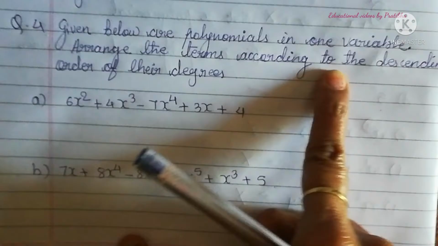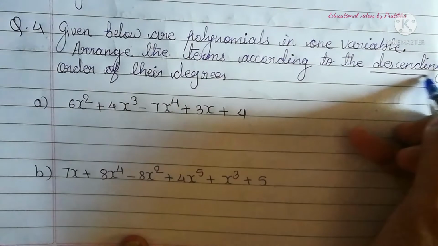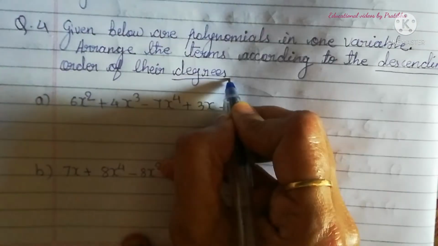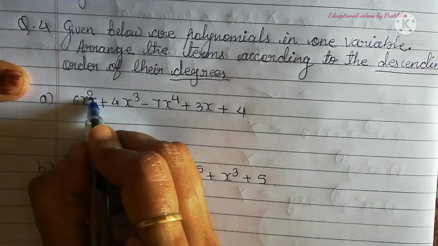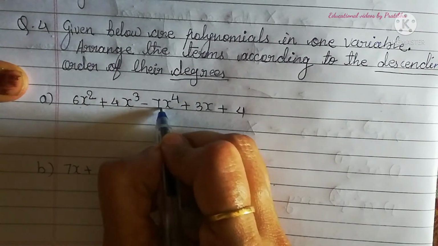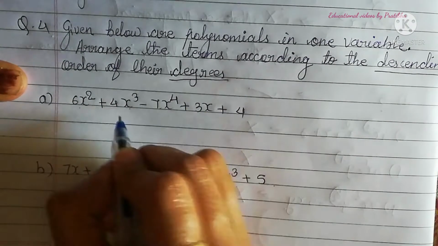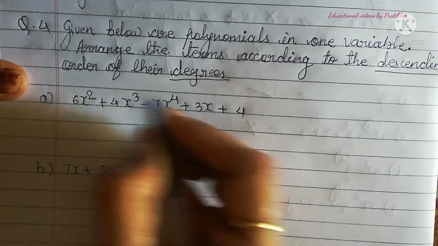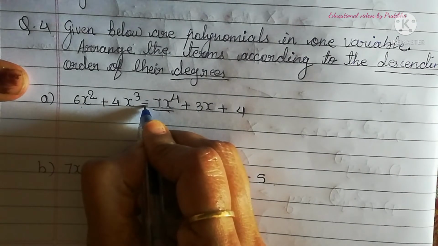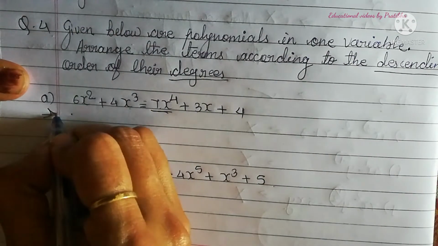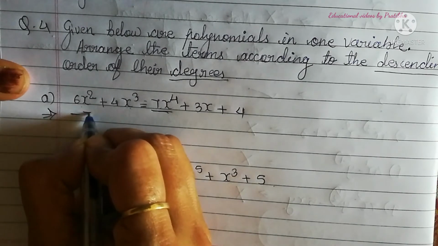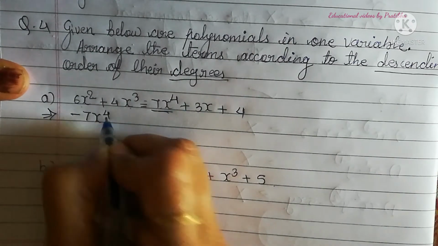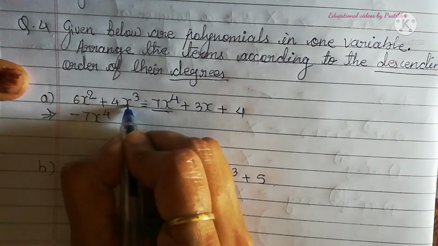Now in this question we have to arrange the given polynomials in descending order of their degrees. The first question is 6x square plus 4x cube minus 7x raised to power 4 plus 3x plus 4. So the highest power is of the third term, that is minus 7x raised to power 4. So we have written this term.